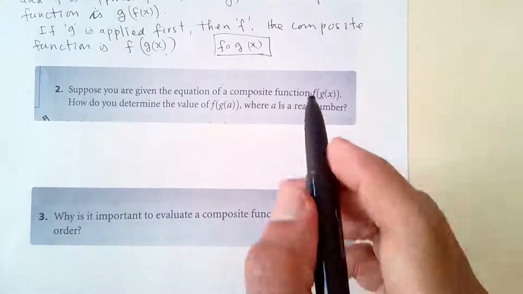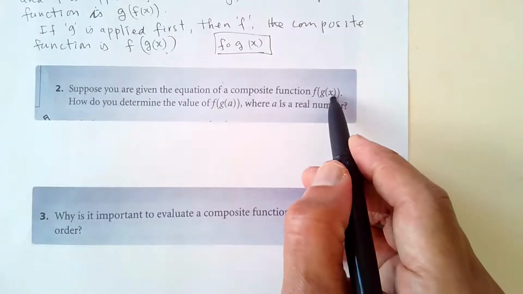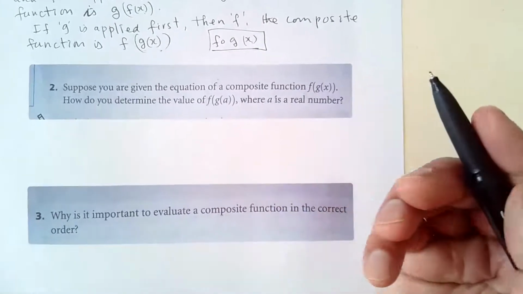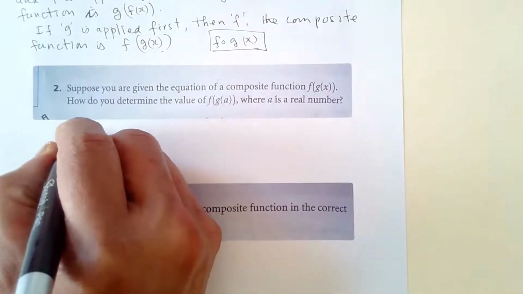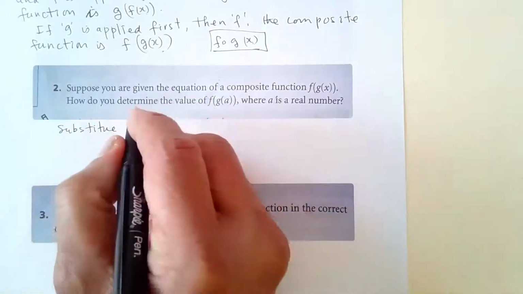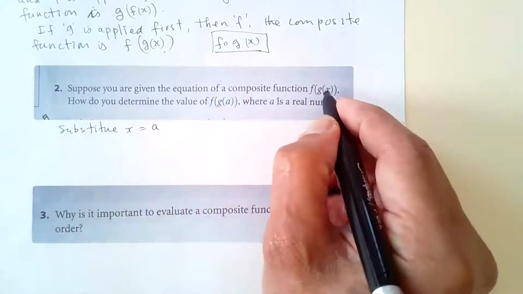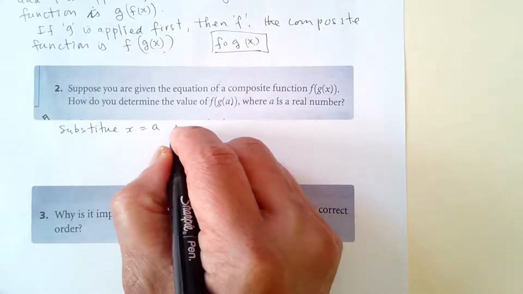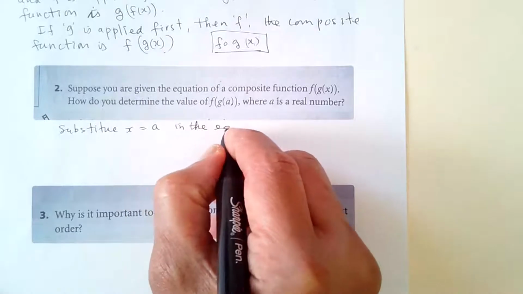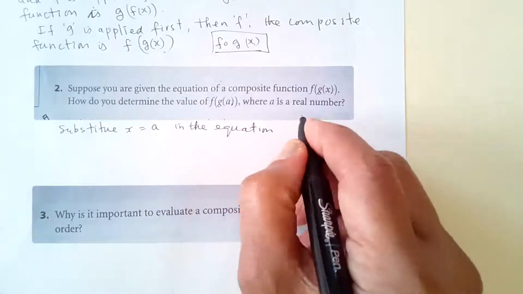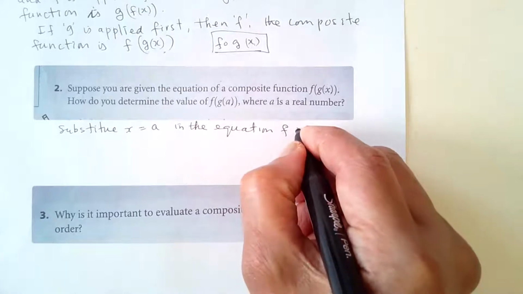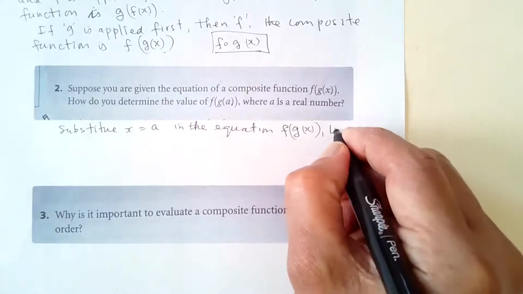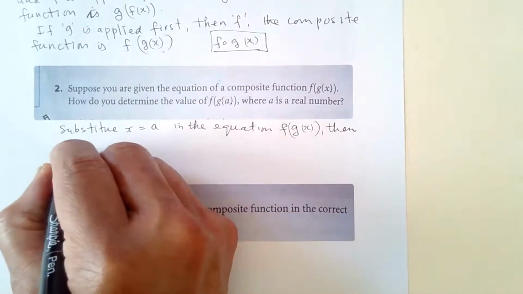Well, all what you have to do here is to substitute x equals a in the equation f of g of x, and find the value.